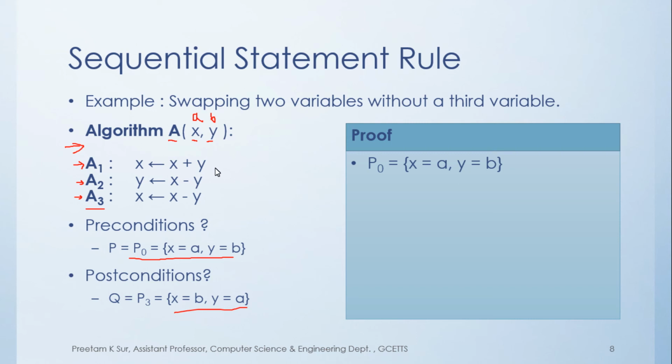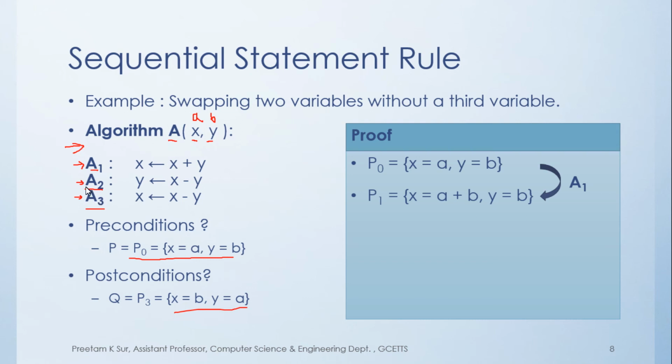So after executing a1 we will reach the next state, which is p1. In p1 we will have x equals a plus b and y equals b, right? Now this is the state of the algorithm before executing the instruction a2.